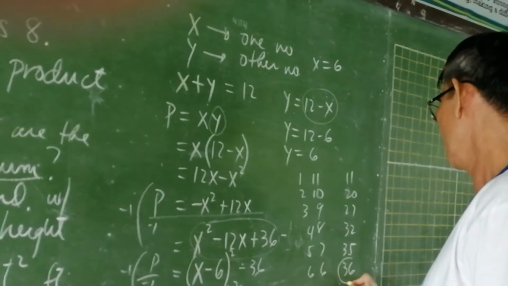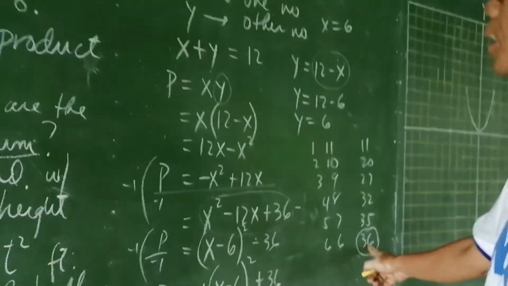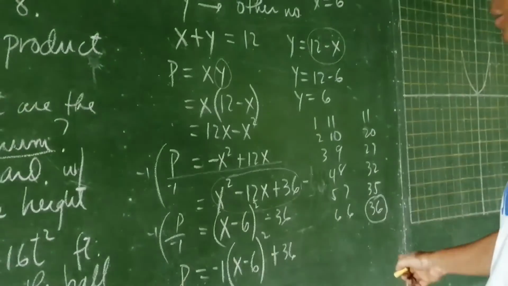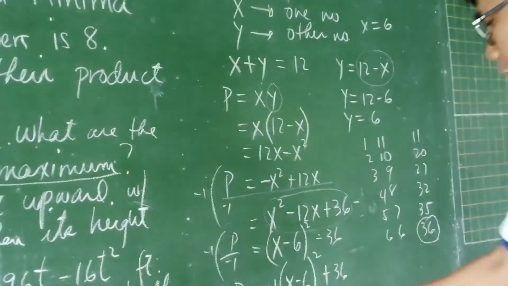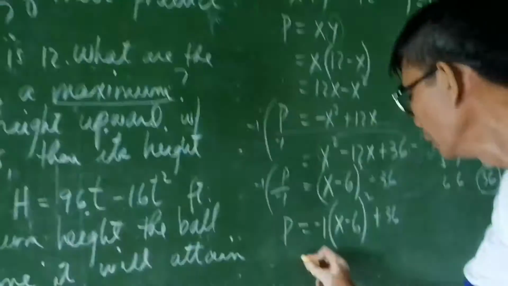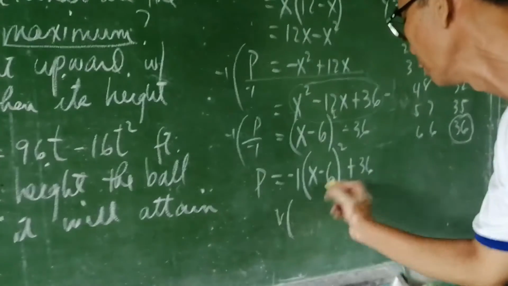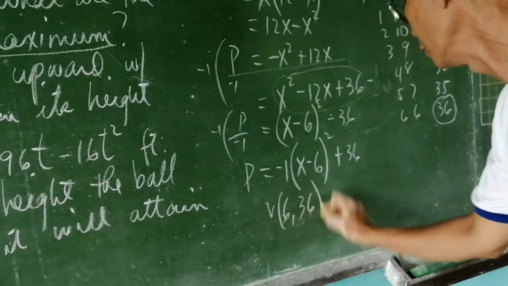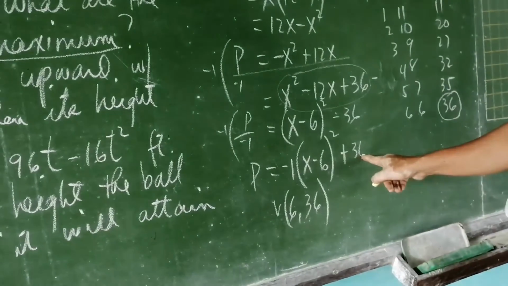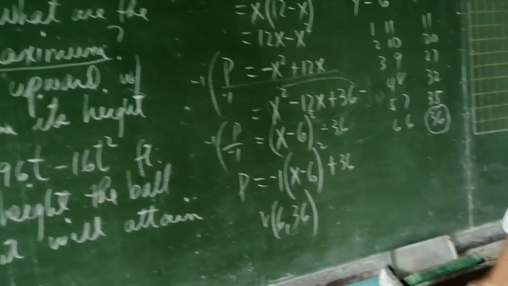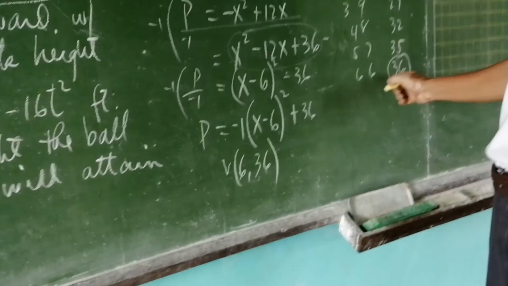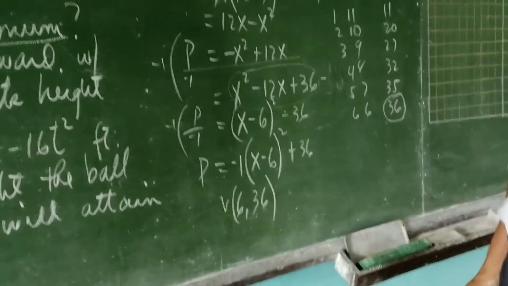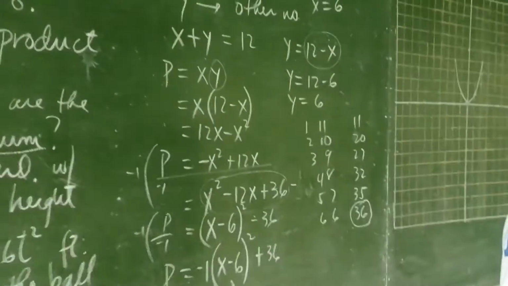So this is the maximum product. That is the largest. So if you take the vertex of the parabola to be formed, it is (6, 36). So this is the maximum value, 36. That's actually the product. Okay, so that's for number 2.